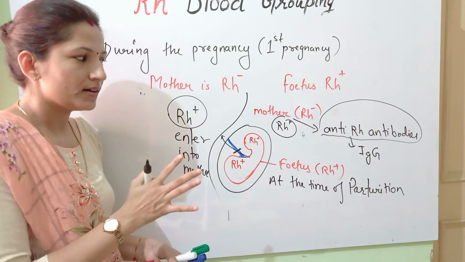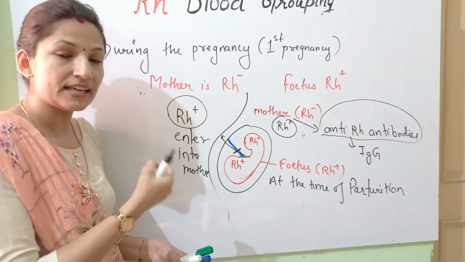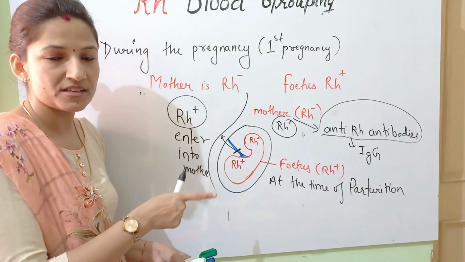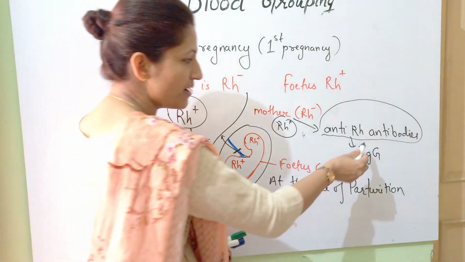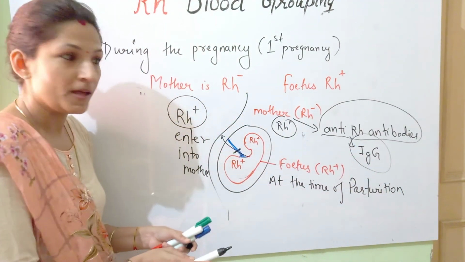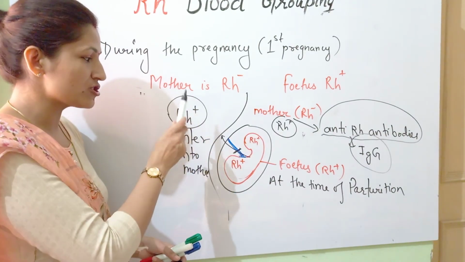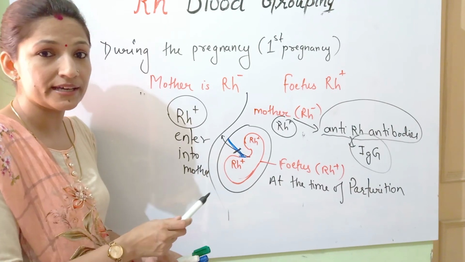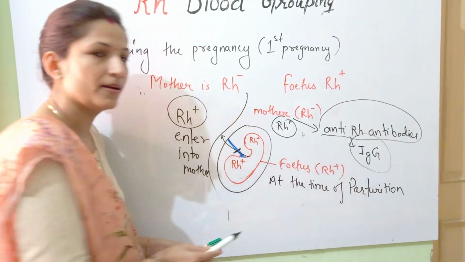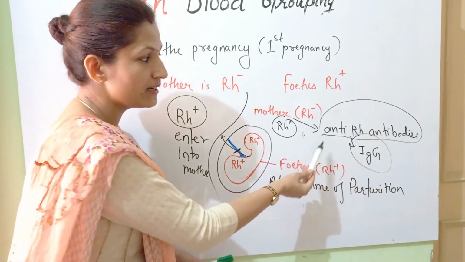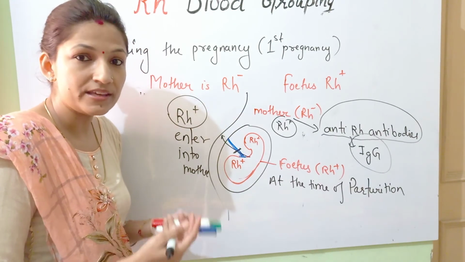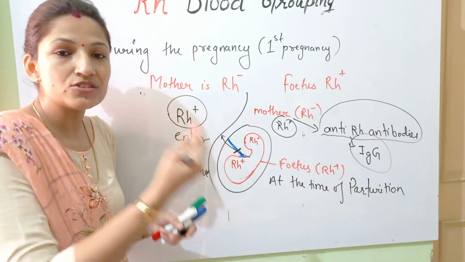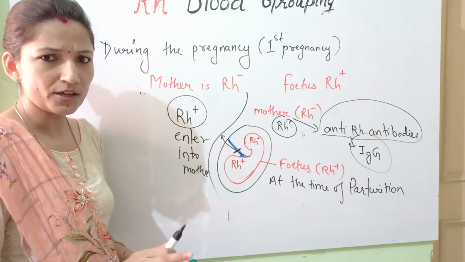Otherwise, it's not like every material is going to pass through the placenta, no. So only this type of immunoglobulin can pass. So the antibody generated here against the Rh positive factor is of this category. It means these anti-Rh antibodies can pass into the fetus. Got it?